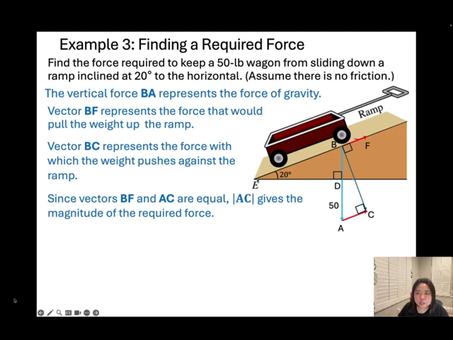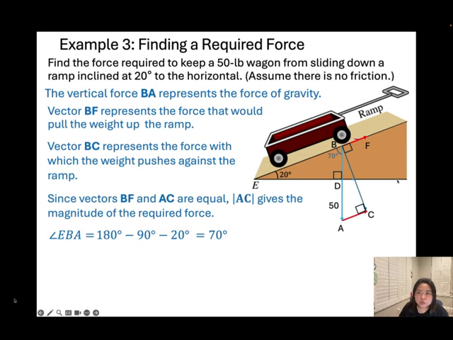Okay, now consider this triangle, EBD. How can we find the angle B here? We could do 180 minus 20 minus 90, which is going to be 70 degrees.